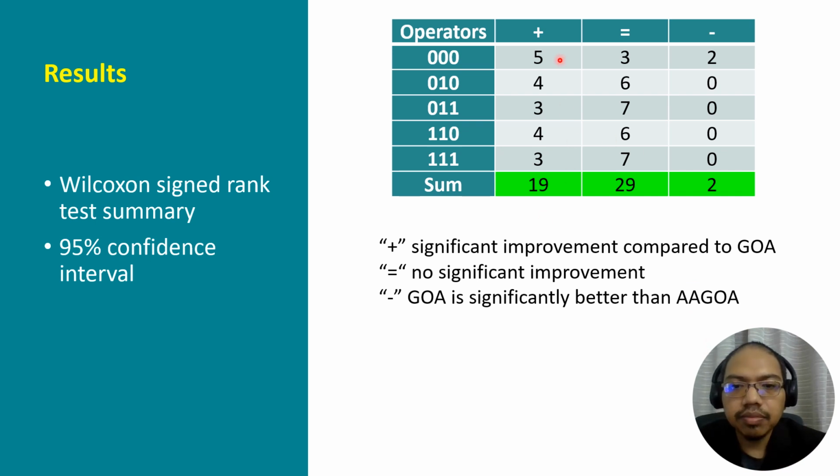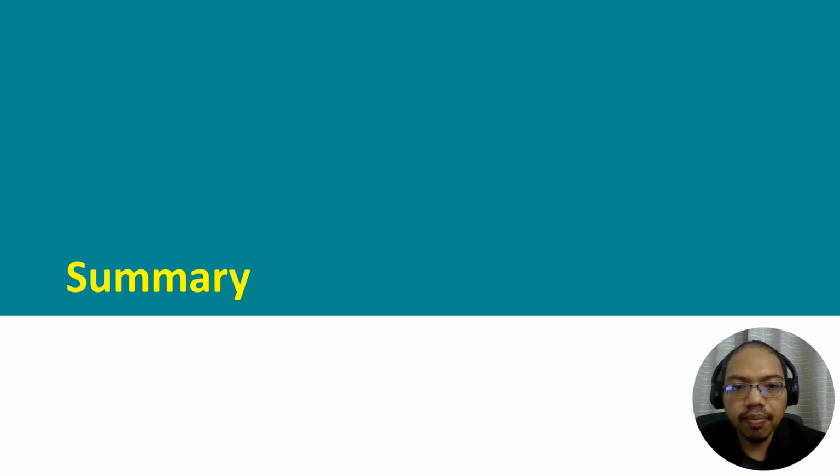From all the functions that we have, there are 29 functions with no significant changes, but we can clearly see there are 19 significant improvements achieved using the proposed algorithm compared to GOA. So it is clear from the results of the Friedman ranking test and the Wilcoxon test that the proposed algorithm statistically produces better values compared to the original GOA.